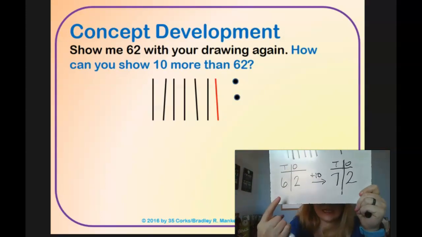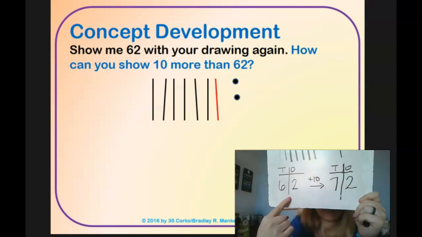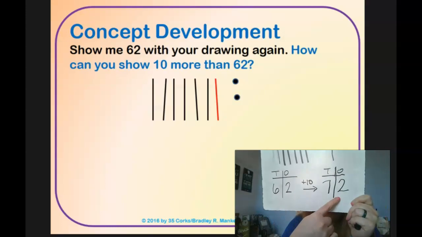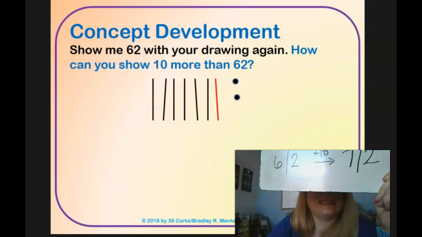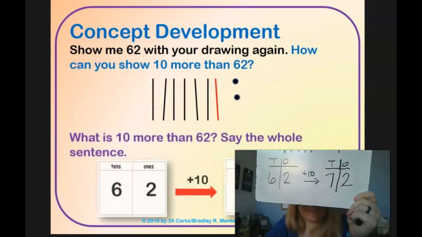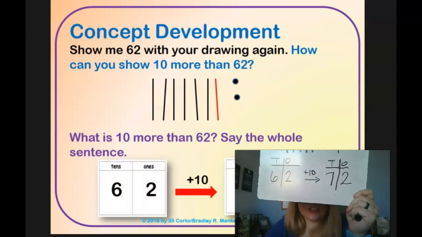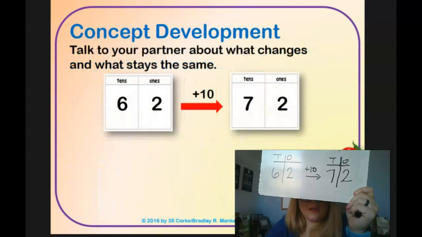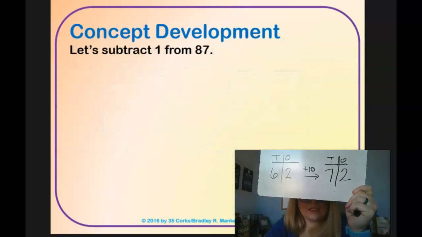So can we say this in a sentence? 10 more than 62 is 72. Good job. Which one did not change? The tens or the ones? Yeah, the ones didn't change this time. Good job.